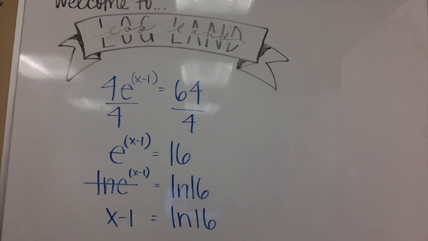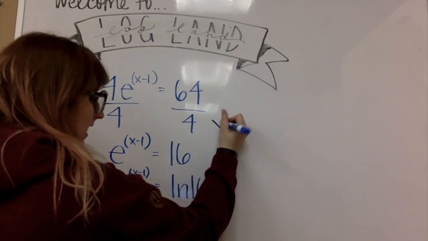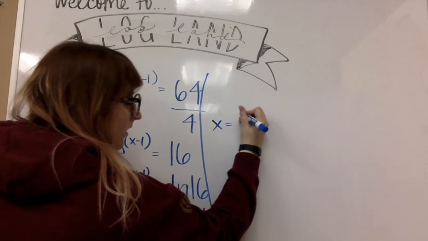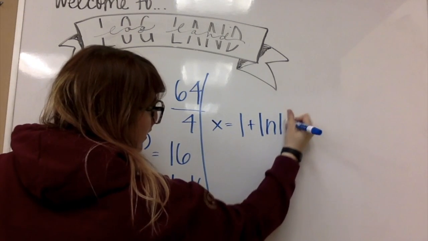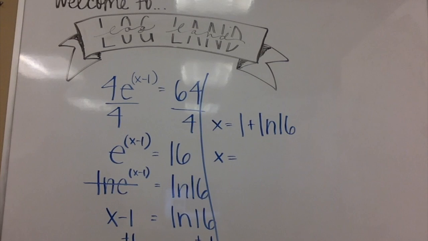Once again, I am solving for x, so I'm going to add 1 to both sides, and I'm going to get x equals 1 plus the natural log of 16. And when you enter that into your calculator, you should get about 3.7725.